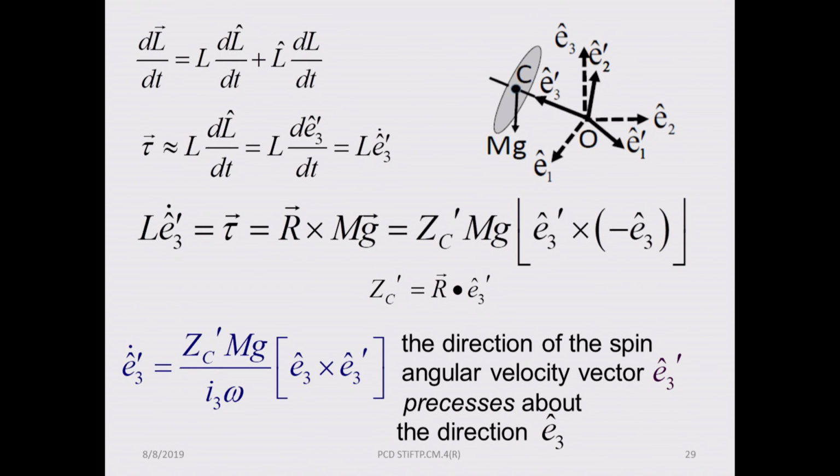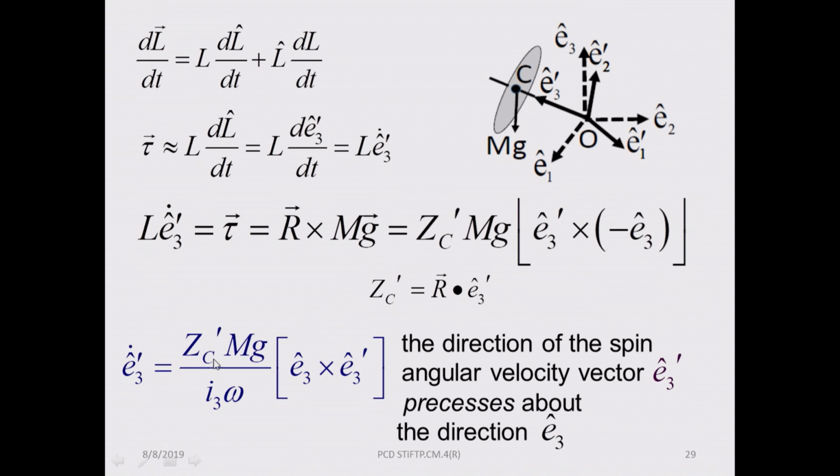So this is the gyroscope precession. The gyroscope precession is described by this equation, and notice that if you take away this magnitude, bring it to the right, it comes in the denominator.